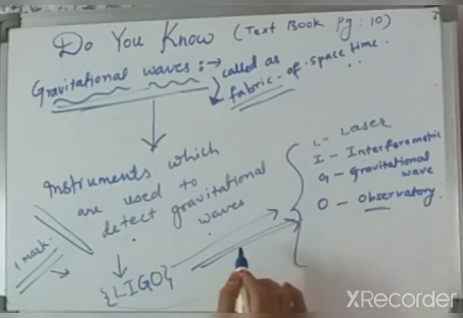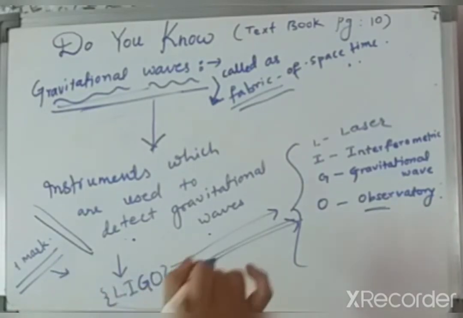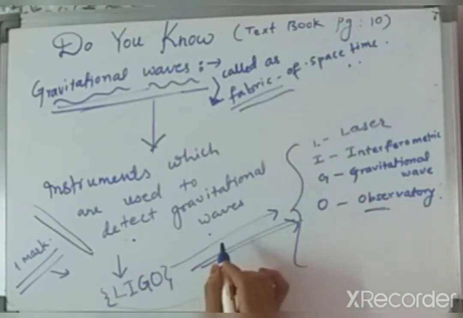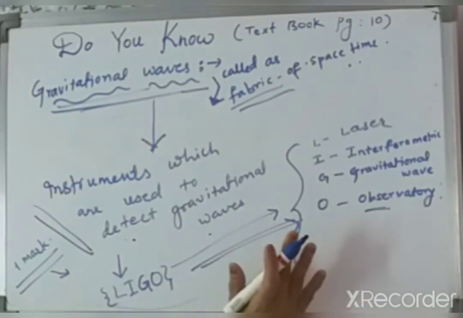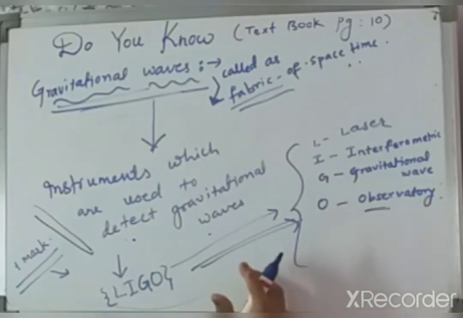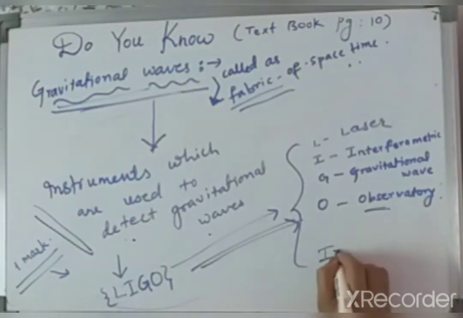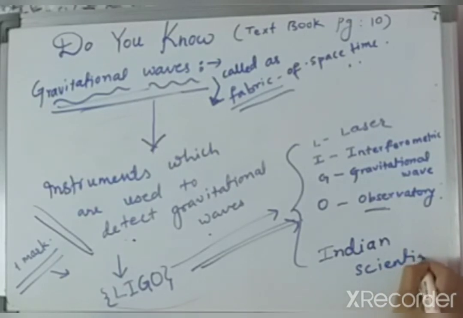In today's technology, after 100 years of production, these observatories are made and used by scientists, and in this research and in this whole field of knowledge, Indian scientists have also played a very important role.